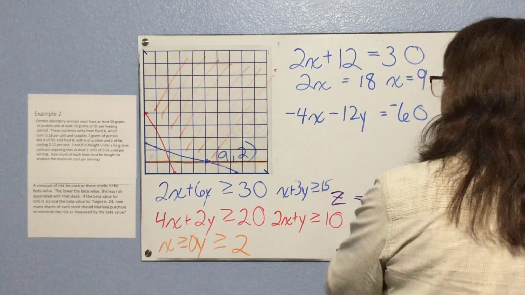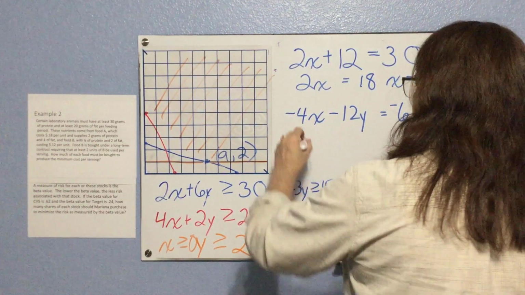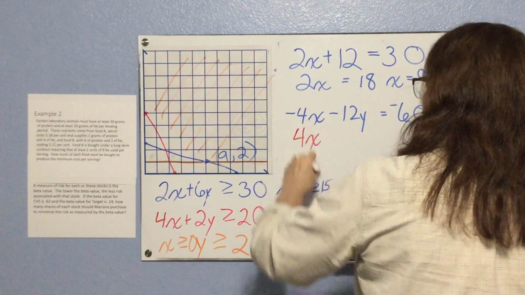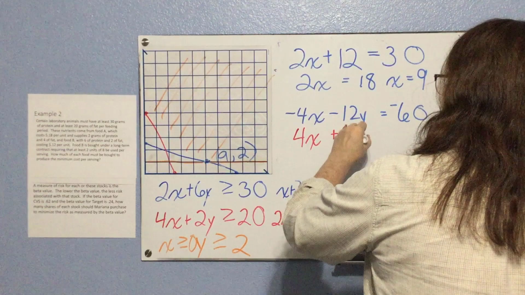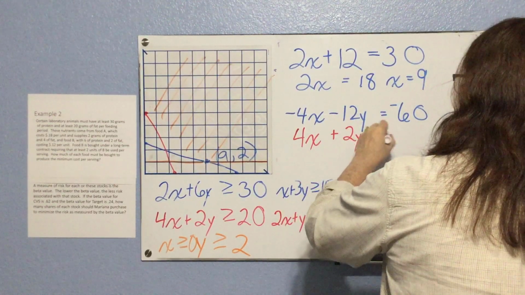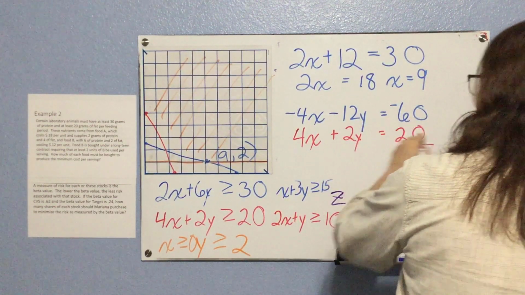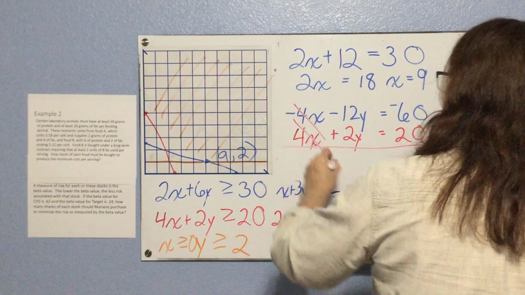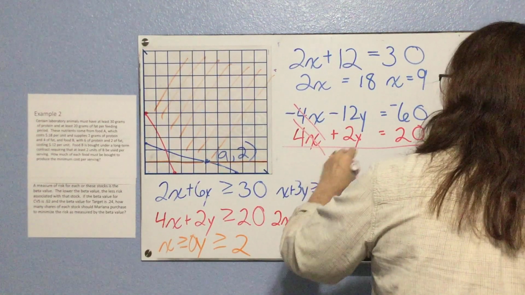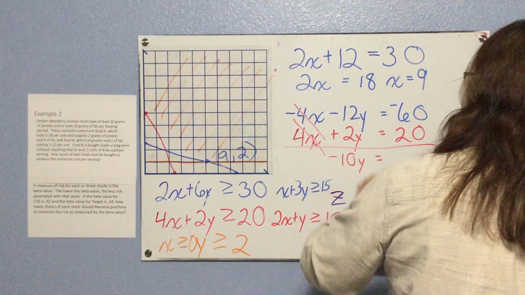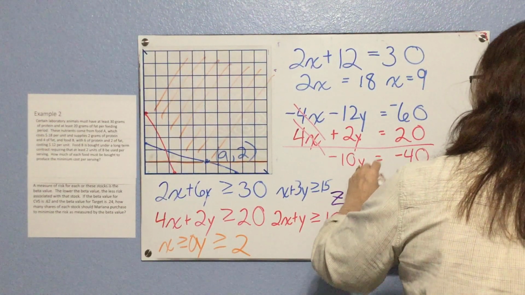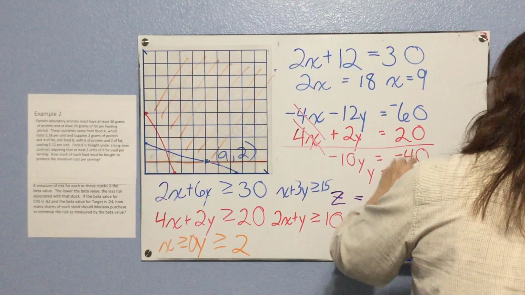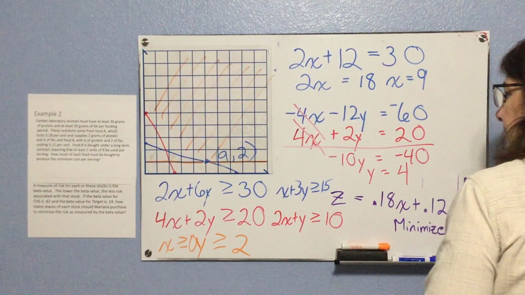And then my red inequality, which I'm going to use as an equation, 4x plus 2y equals 20. When I add those together, negative 10y equals negative 40. So y must equal 4.